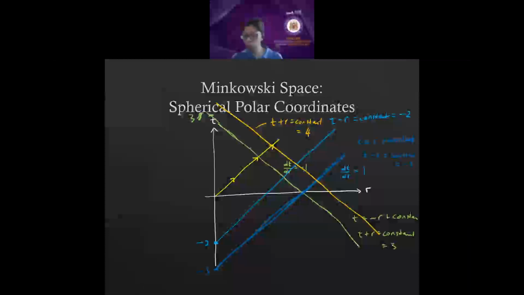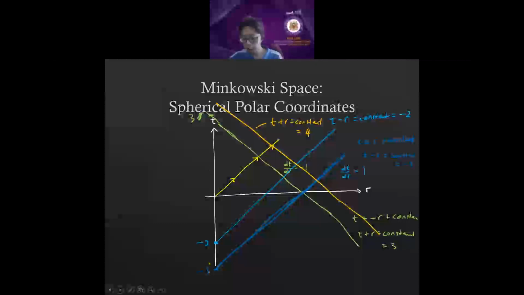So what we can do is use these paths of light to define a new coordinate system.